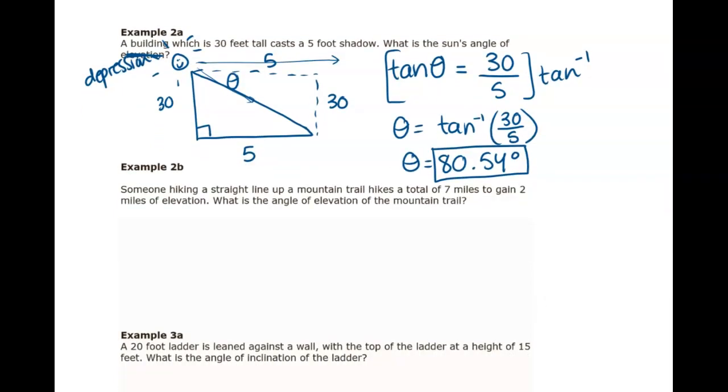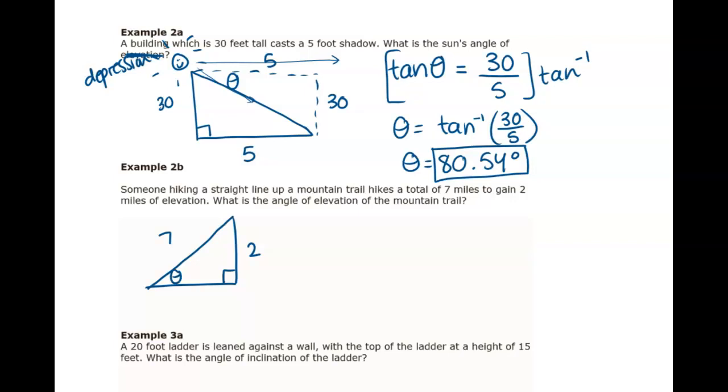Here's another. This one's angle of elevation. Someone's hiking straight up a mountain trail. Straight up is kind of confusing, but a mountain trail is not literally straight up because you're not climbing. So we're saying this is your mountain trail, and you're hiking 7 miles and you gain 2 miles of elevation. Here's our right angle because we're talking elevation from right angle. And again, everything should have a right triangle or we can't even solve the problem. So we want the angle of elevation of the mountain trail, which is here.